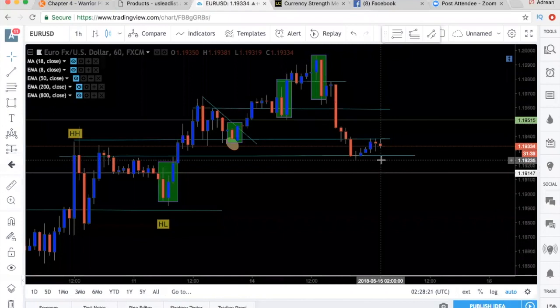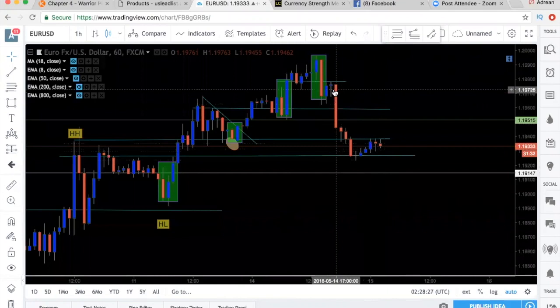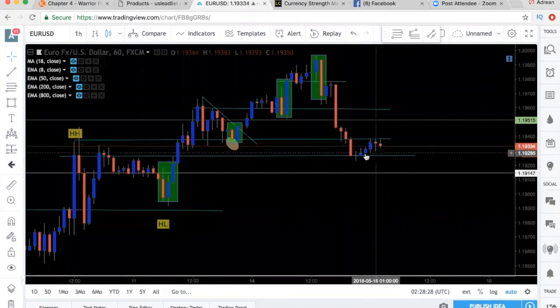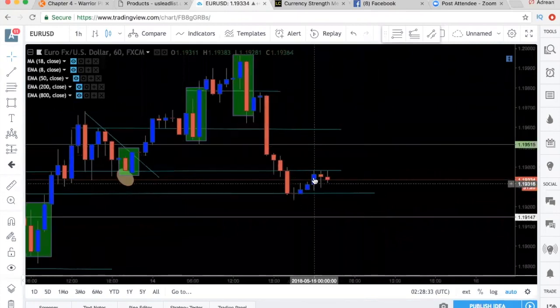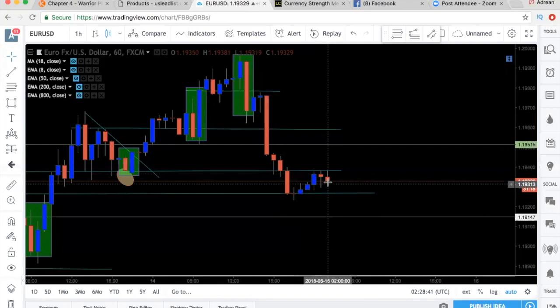I need to see some type of variation of a candlestick pattern. Most likely, this would end up being another evening star, because I have the buyers in control of the market with this big one. It's still finding support, right? We have this doji. And then lastly, we need to see that this one actually breaks this area. And then that would be an evening star.